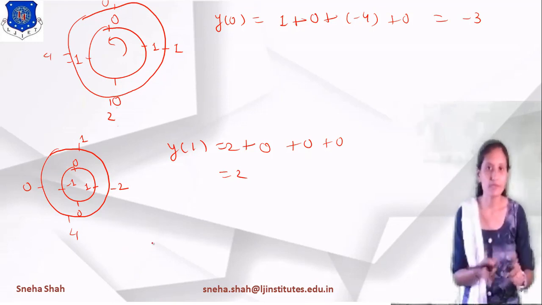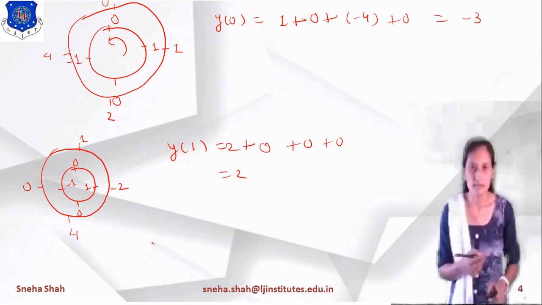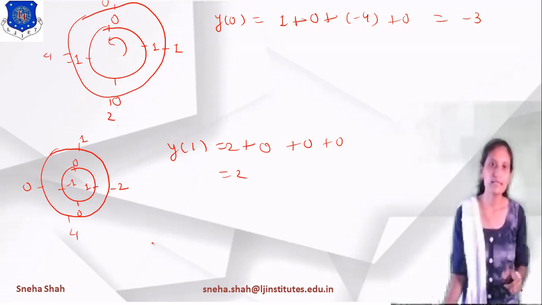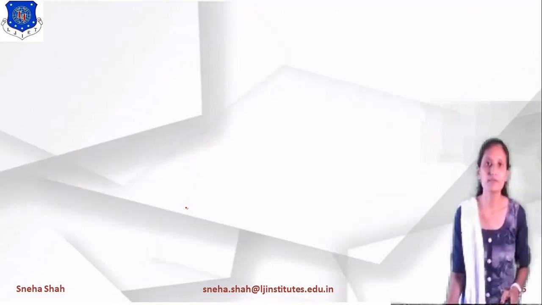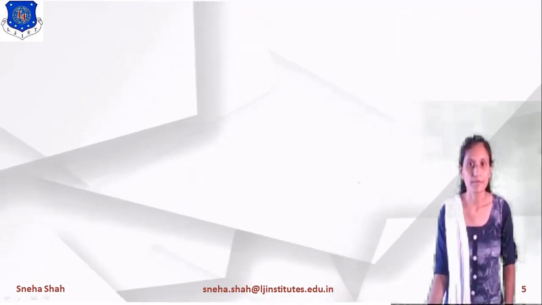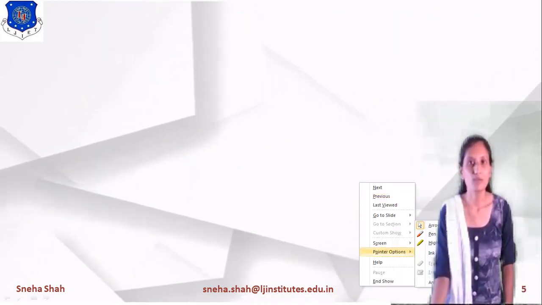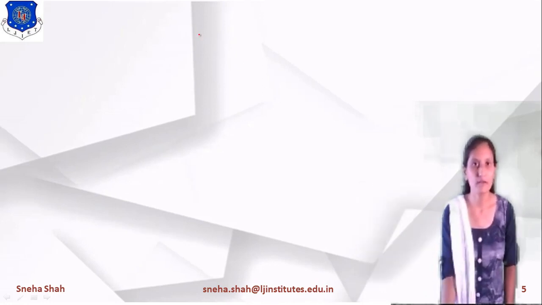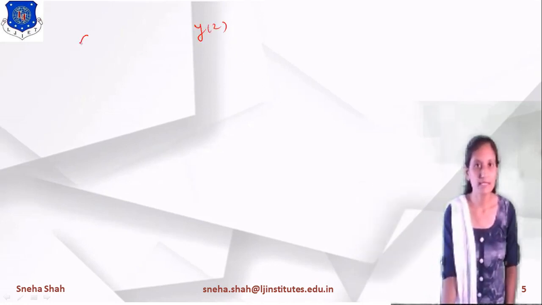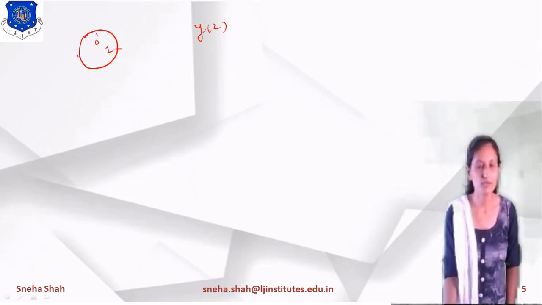Now in the same way we shift this 2 times, meaning we shift this last one by 1, and then it will give you the answer of y of 2. So if we want to find y of 2, what will be its value? First we represent x of n, whose values are 1, 0, minus 1, 0, right?